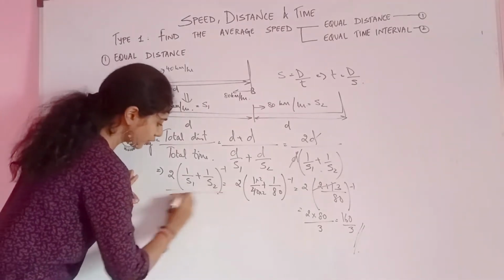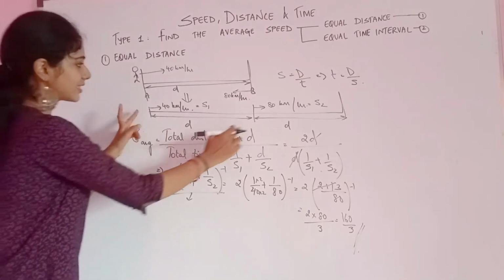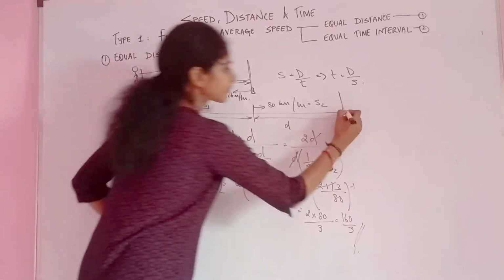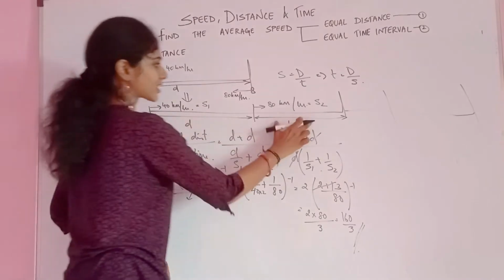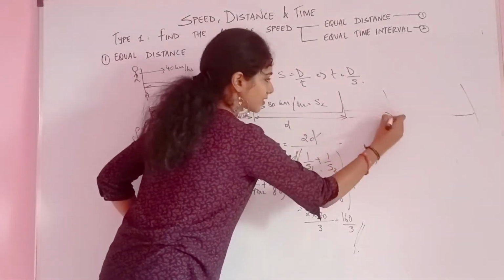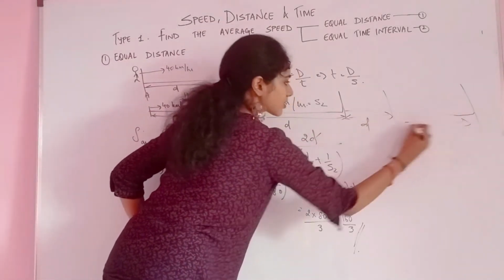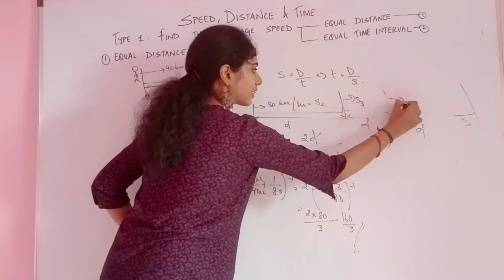Now let's generalize. There is a 2 here because the distance is divided into 2 parts. Suppose that instead it's 4 parts. This is one d, this is another d. It doesn't look like d, but I want this to be d as well. All of these are equal distance parts, and the speed here is s3 and the speed here is s4.